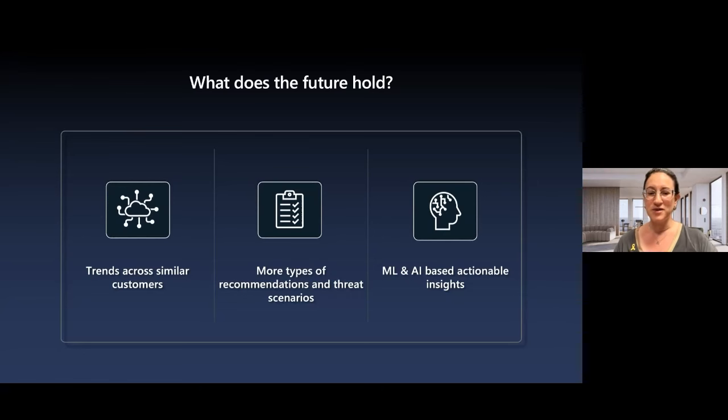Second of all, more types of recommendations and threat scenarios. So these are 2 types of recommendations, and this is just the beginning. We will be releasing more types of recommendations as time progresses. And last but not least, ML and AI-based actionable insights. As I mentioned before, everything we will surface to you here is actionable, and you will see what the action is.